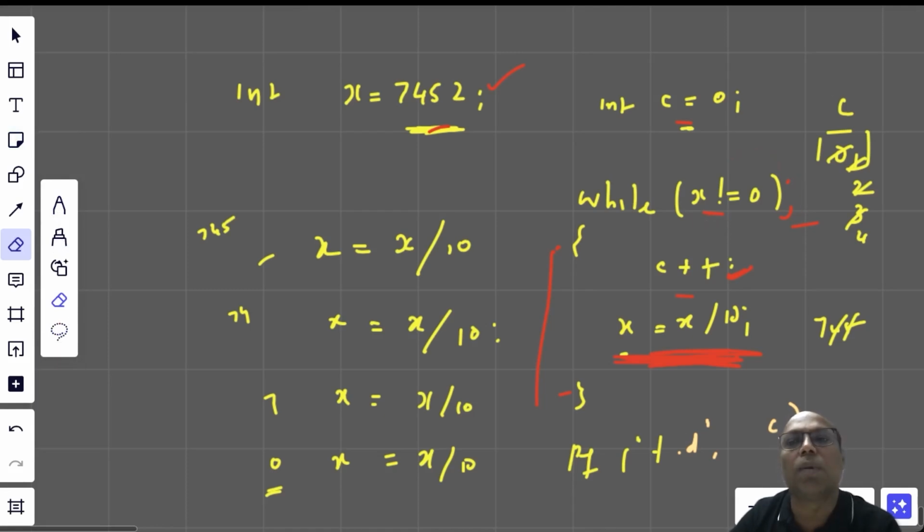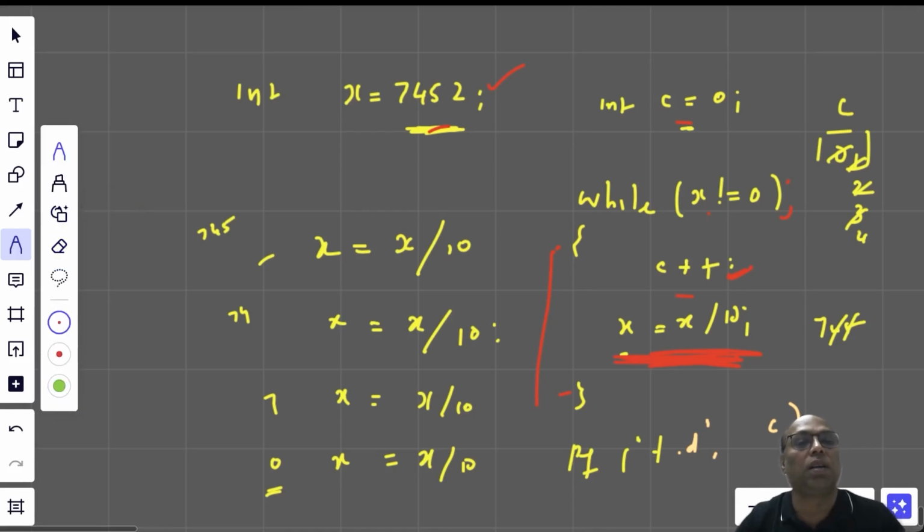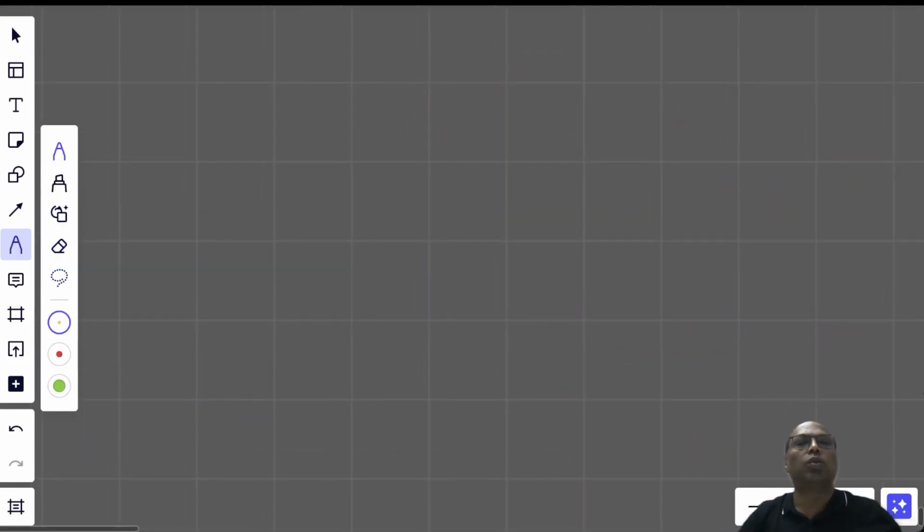Now let us apply this in a program. Remember, first you need to identify what statement needs to be repeated and how long it needs to be repeated. Let us see. I am going to give you a number.